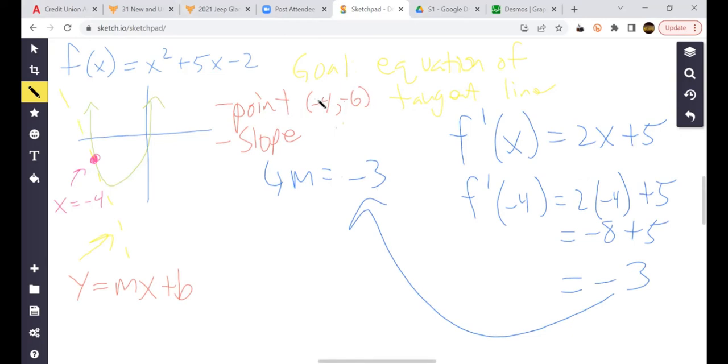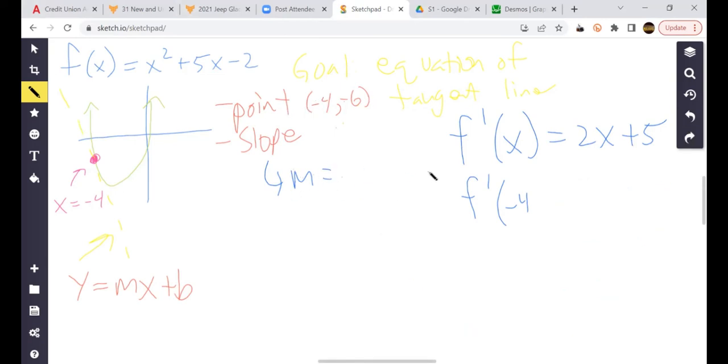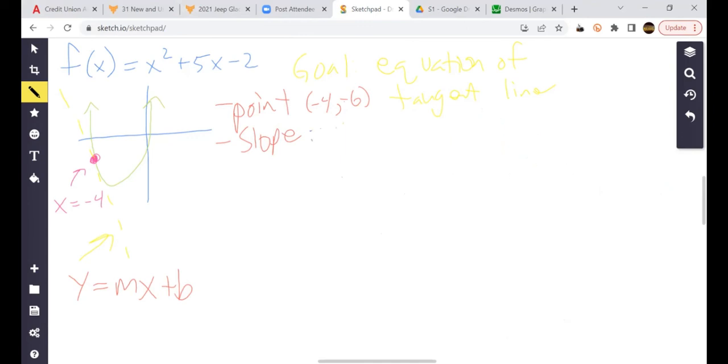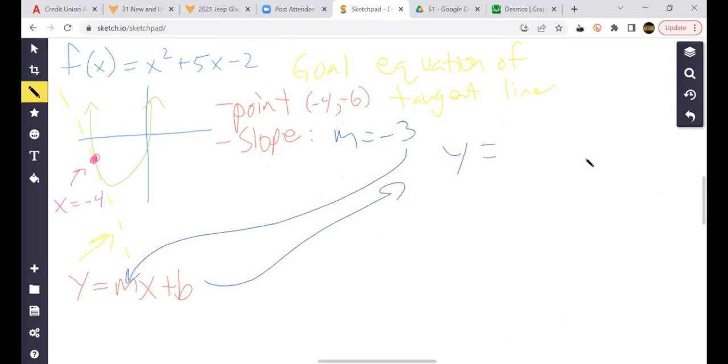So we have a point and we have a slope. Let's finish this problem and this video. So we know that our slope, m, equals negative 3. And that goes in for m. So we have y equals mx plus b. So now to find b, you take the point and you plug it in for x and y.